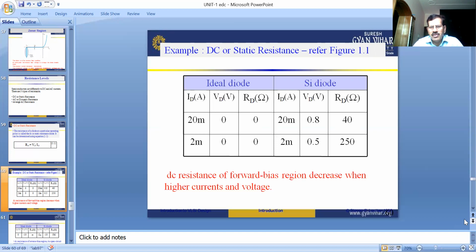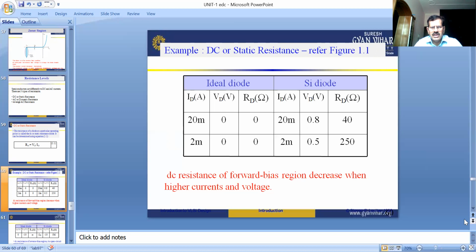For the silicon diode, ID is 20 and 2, VD value is 0.8, 0.5, and the value of RD is 40 and 250. These are the DC or static resistance values of the different ideal diode and silicon diode.